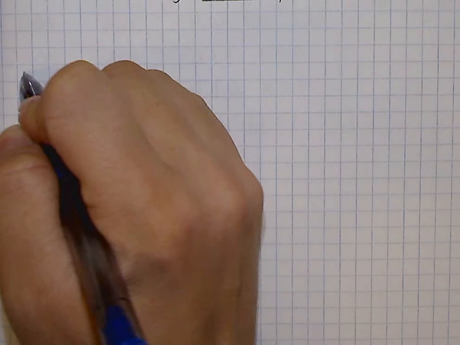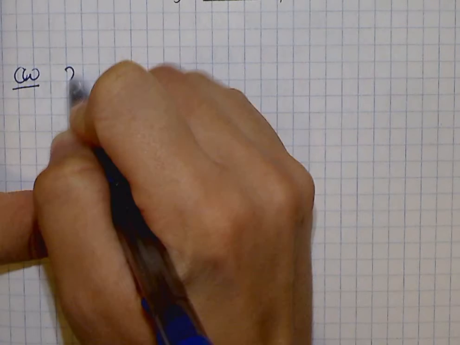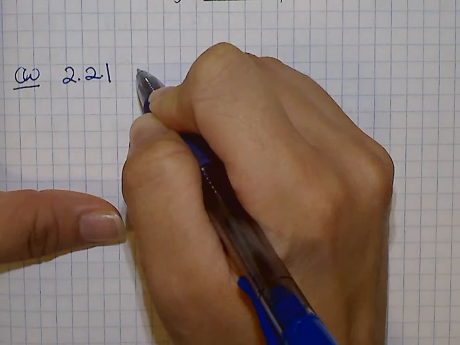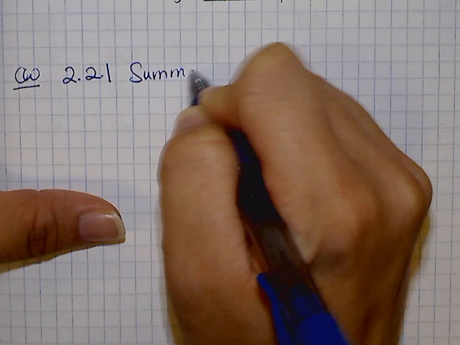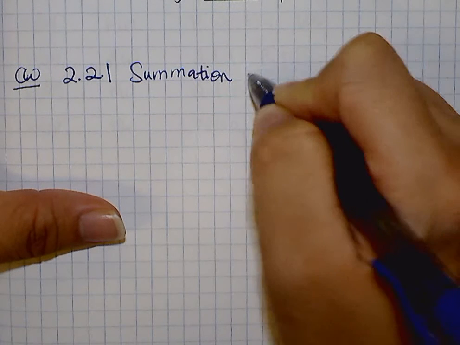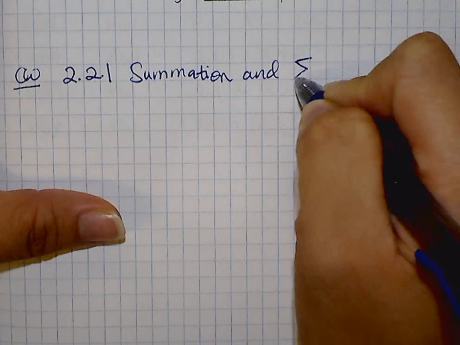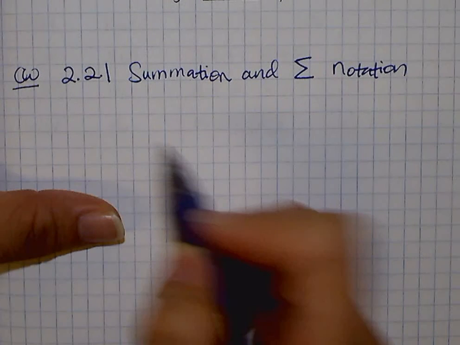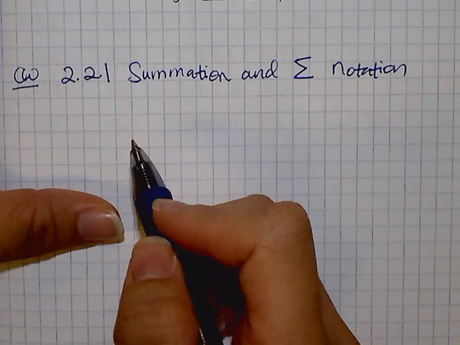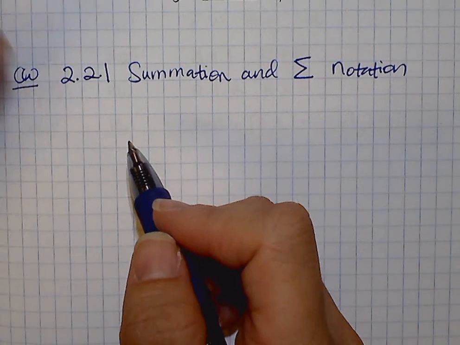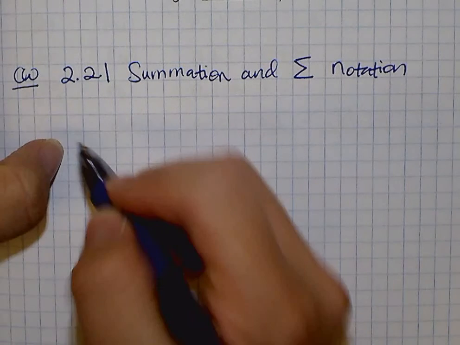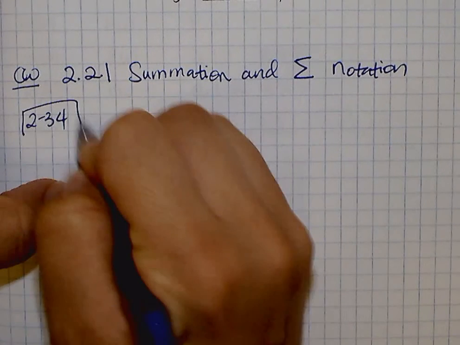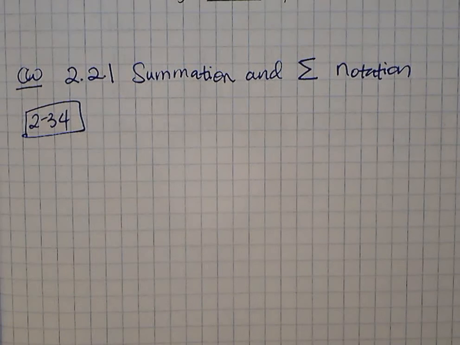Summation and sigma notation, right? Yeah, the next blank page. So let's start with number 34. I hope you have graph paper. Your notebook should have graph paper.